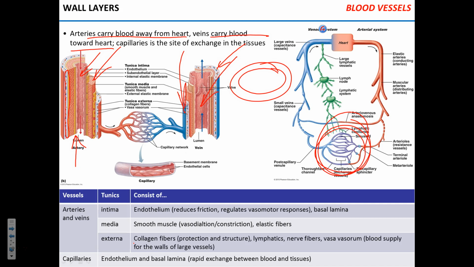Now, the importance of tunica intima and tunica media. Thickening. Imagine there is some kind of damage to the endothelium. Injury immediately leads to what?